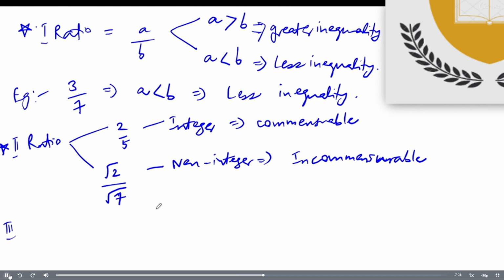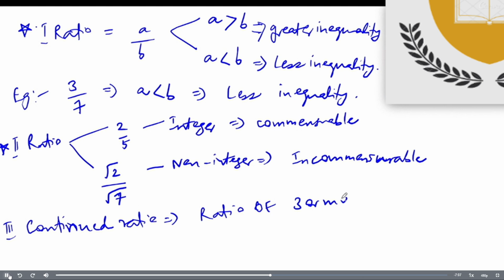The third concept which we have to learn is continued ratio. That is when there is a ratio of 3 or more numbers, we call it a continued ratio.